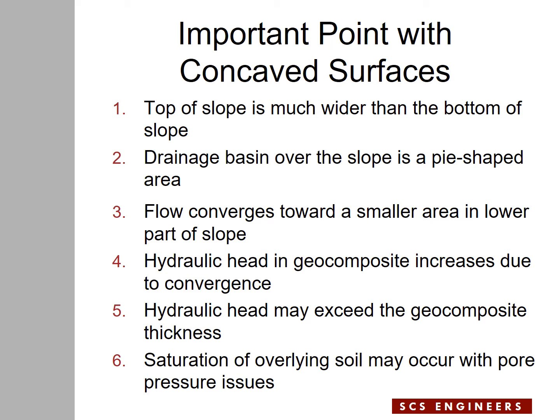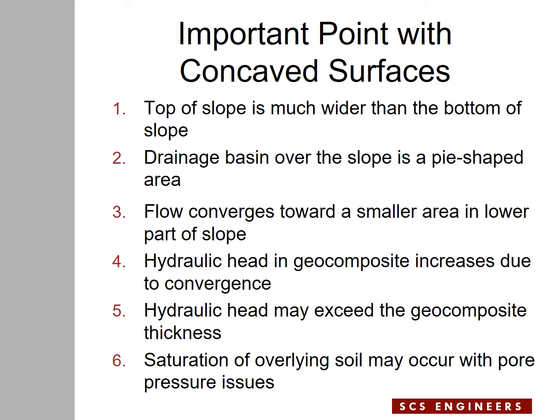Over the pie-shaped area, over the concave surface area, flow converges as it approaches the bottom of the slope. So the hydraulic head in the composite increases because of the convergence of water in the geocomposite.